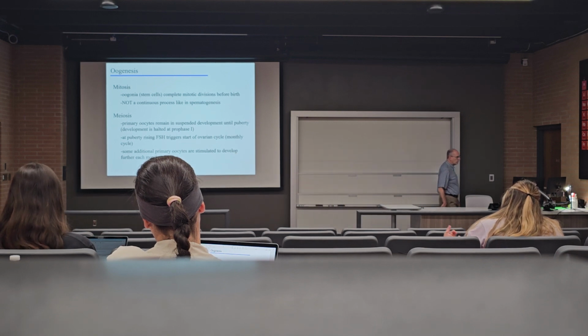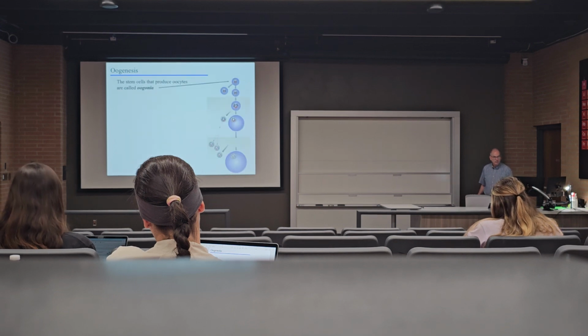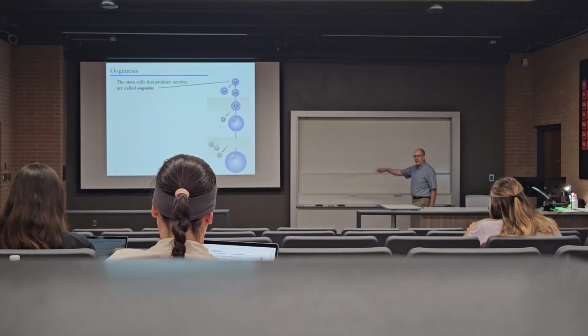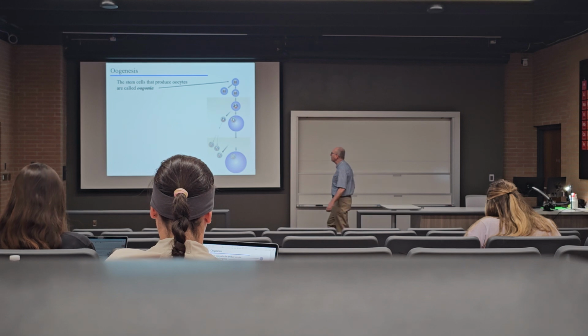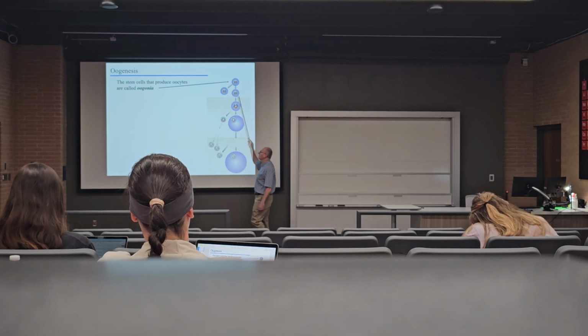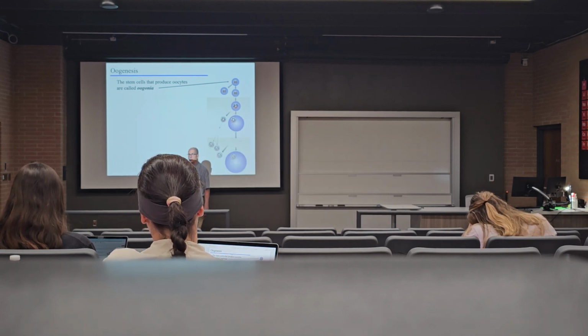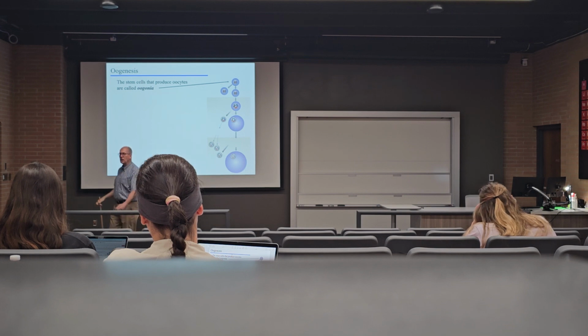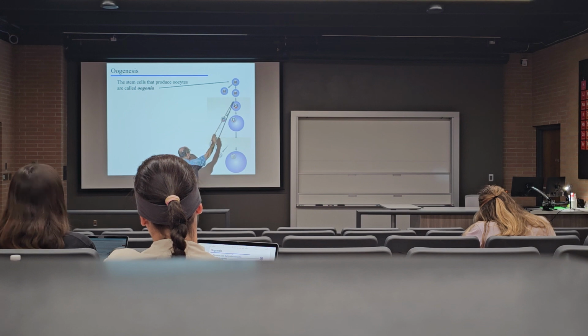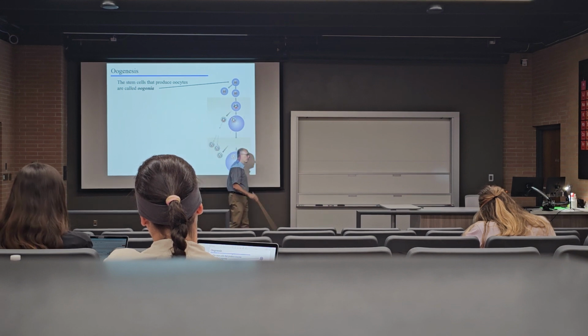So what does this look like? Well, to begin with, we start with an oogonia, a single immature egg up here, which simply divides using mitosis. Eventually we get a bunch of them put together, and then they all enter into the first meiotic division.